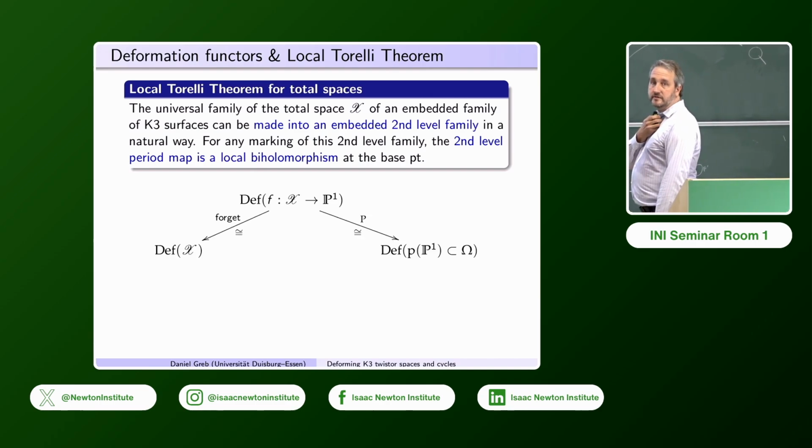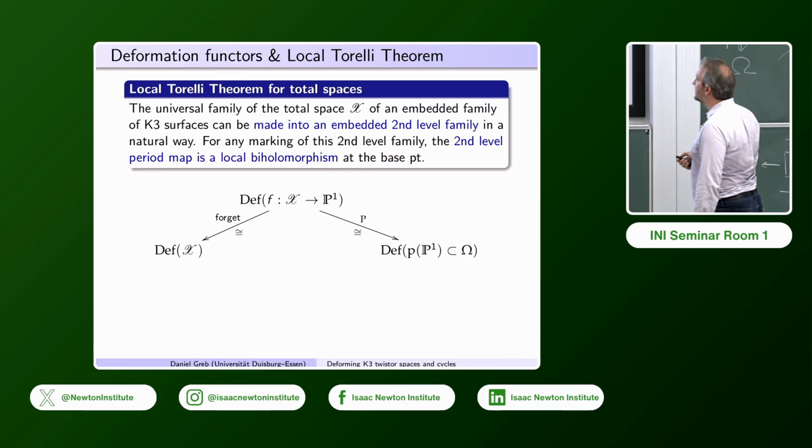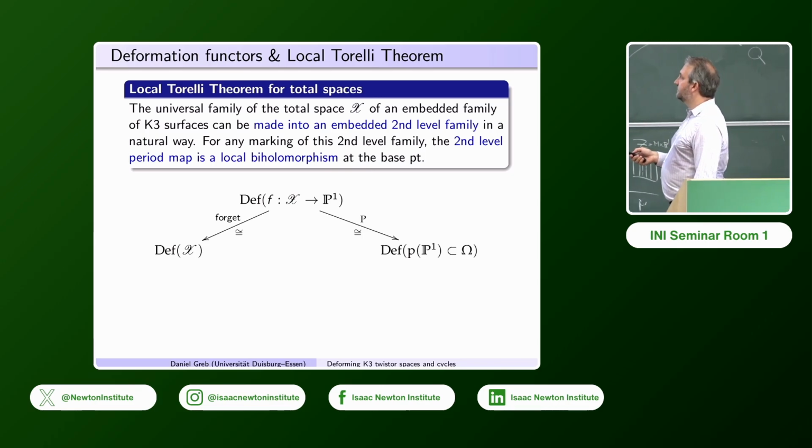Another way of saying this, for people who like functors: if you look at the deformation theory of f from X to P1, you can do two things. You can forget about f, so you just deform X. I just said that anything I do here will lift here, and that's actually an isomorphism. On the other hand, I have this second level period map, which I explained.